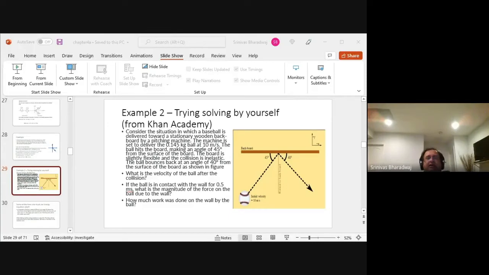The change in the kinetic energy of the ball: initially it is half times 0.145 times 10 squared. The final is half times 0.145 times v squared. We already calculated v from this here. The change in the energy is the work done. So that is how you solve for all three.